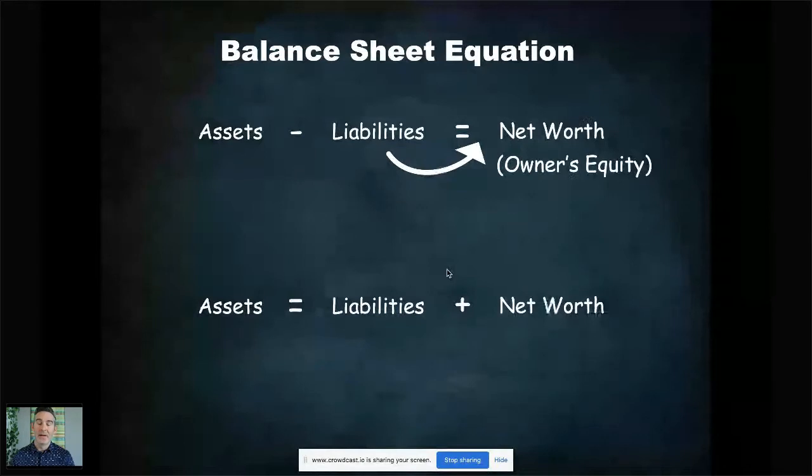That is a little less intuitive for me, like the idea of liabilities and net worth going together doesn't quite make sense to me. It doesn't have any intuitive meaning to me, but there is actually a good reason why we move the equation around in that sense, and I'll get into that later in the presentation. But just so you know, the formula can be written either way.